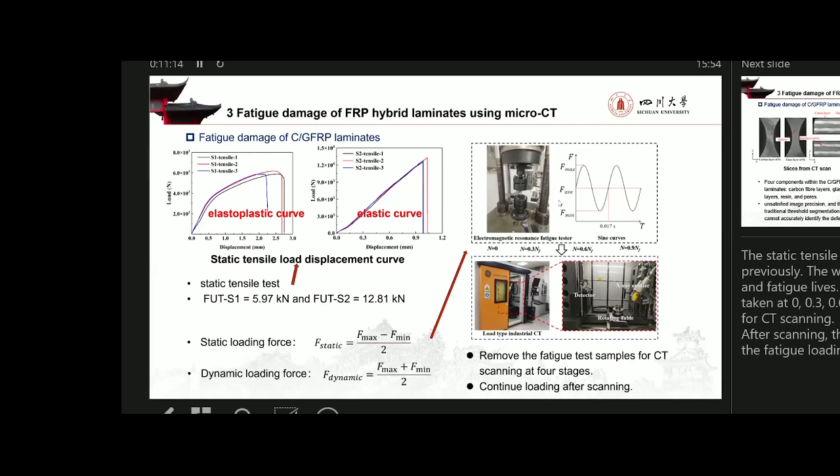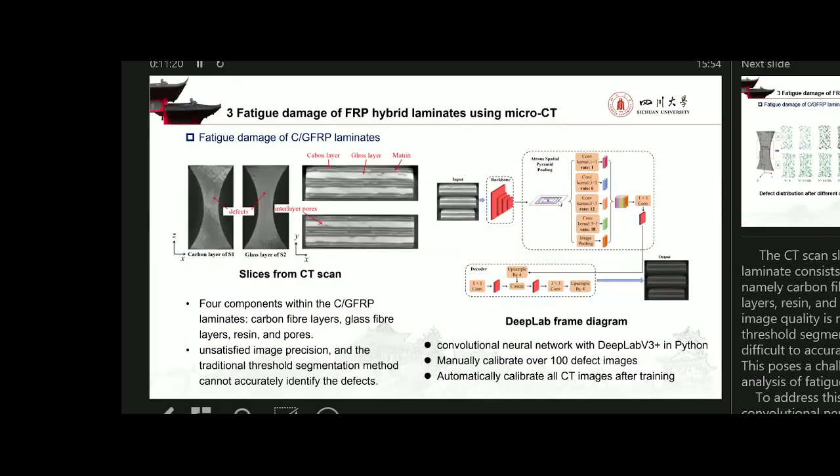We take the samples for CT scanning, and then we continue the loading. In this part, we get the images, but the quality is not very good. And we found that if we use the traditional segmentation method, we can't segment these parts.